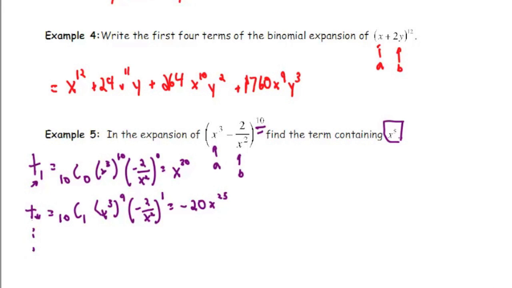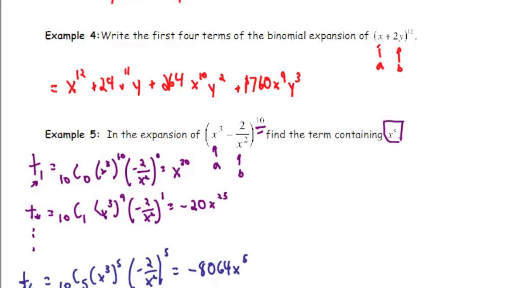Well, that's the same thing. We put in all our numbers, and we end up with negative 20 x to the 25th. Well, that's not working out either. If you continue this along, though, you would end up on term 6.